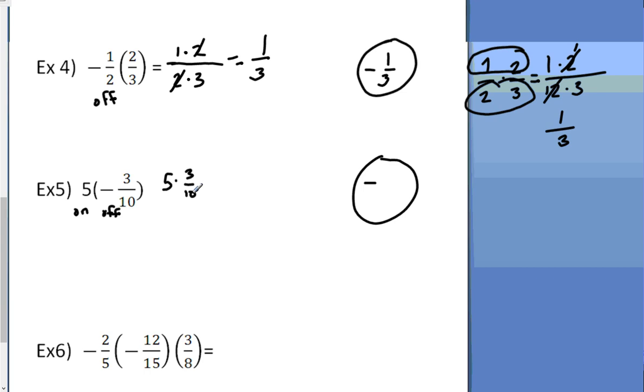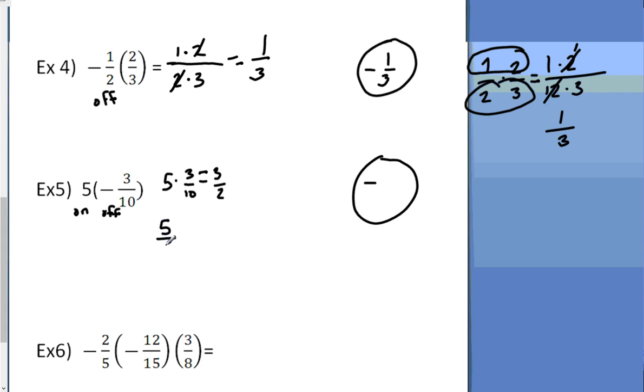I've got two ways I could do this. I can do 5 divided by 10 times 3, and I like to do it that way. 5 divided by 10 is 1/2, or is 2, and 3 over 2 is 3/2. That may not make sense to you, so let's do it this way.